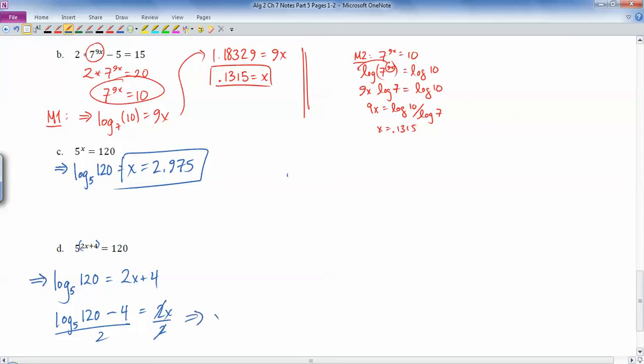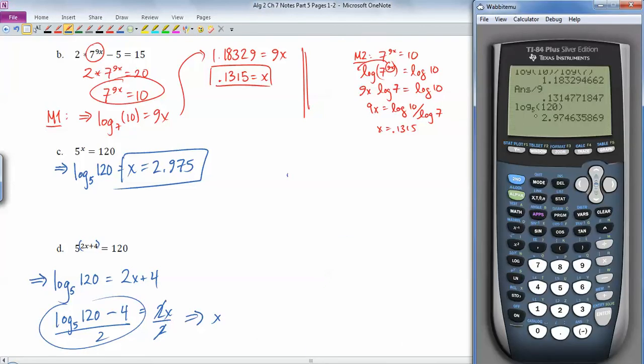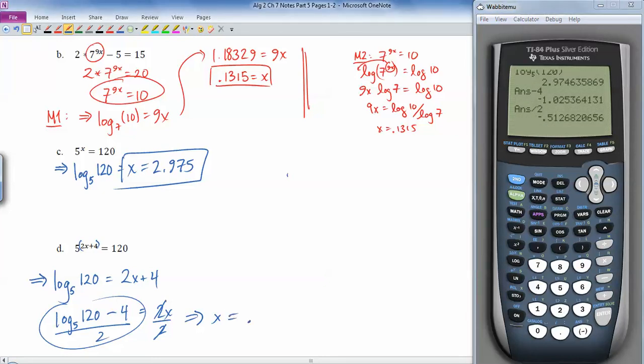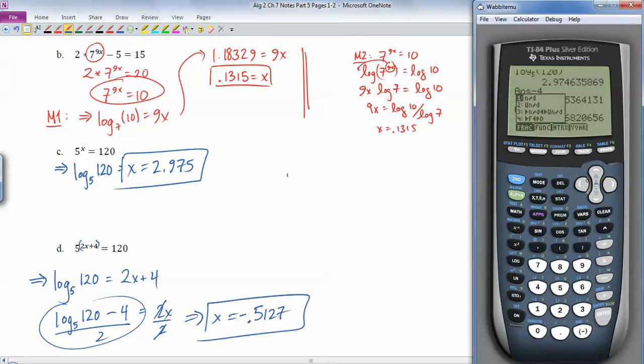So then x equals whatever this junk is. So let's type that in. In fact, we already have log base 5 of 120 right there. So I'm just going to do minus 4, enter, and then divided by 2, enter. And that's going to be negative 0.5127.